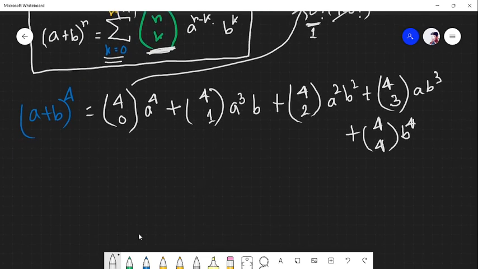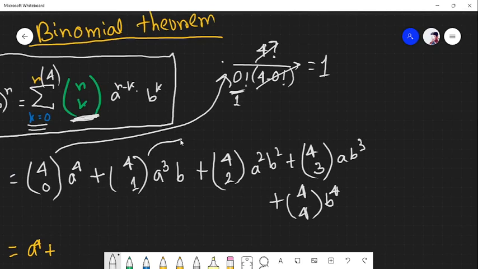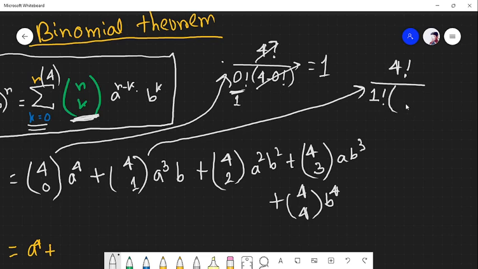So let's write the first line here. a to the power 4 plus, and let's calculate this one. Well, 4 choose 1 is 4 factorial over 1 factorial into 4 minus 1 factorial.